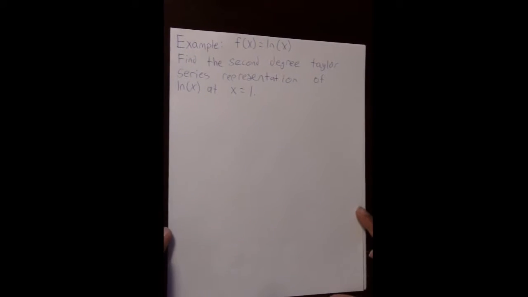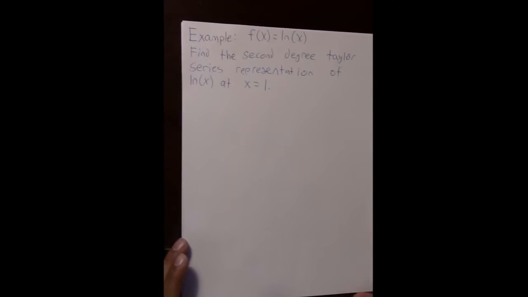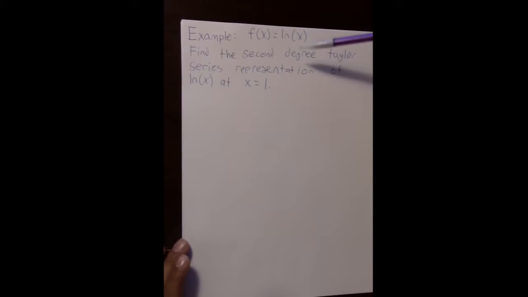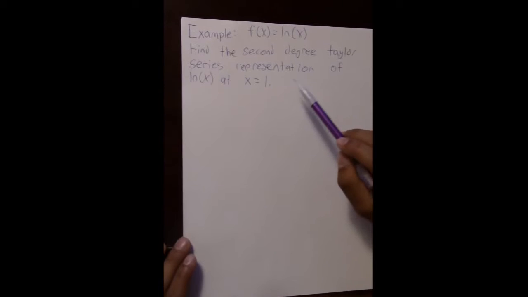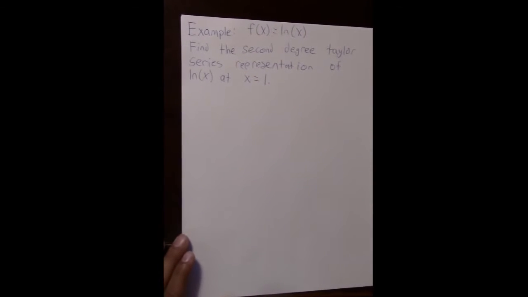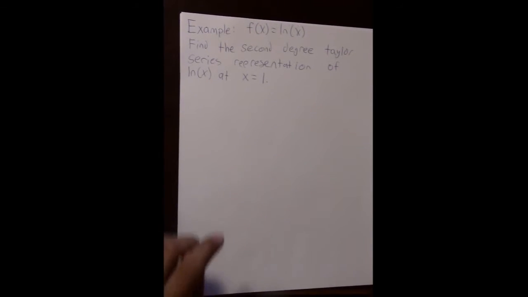So here I have an example of a problem you might see. Our function f of x is equal to ln of x, and the question is asking us to find the second degree Taylor series representation of ln of x at x equals 1. Before we can begin, we can note the important information we need to know.